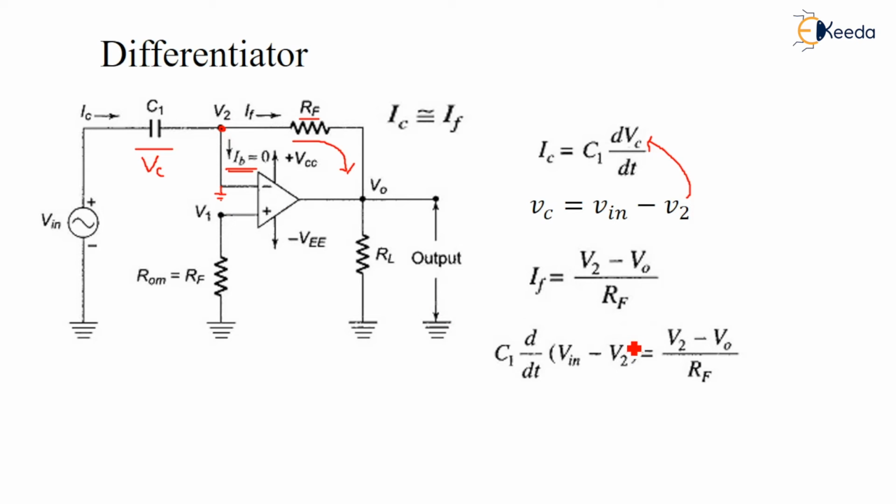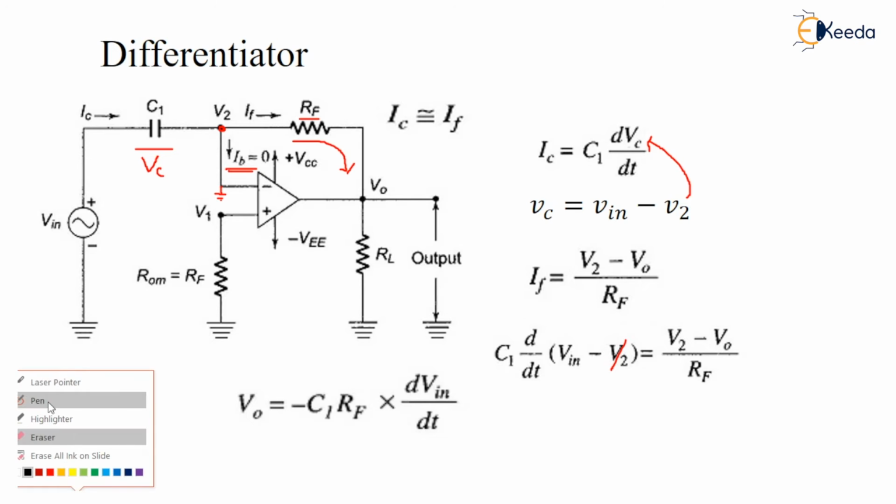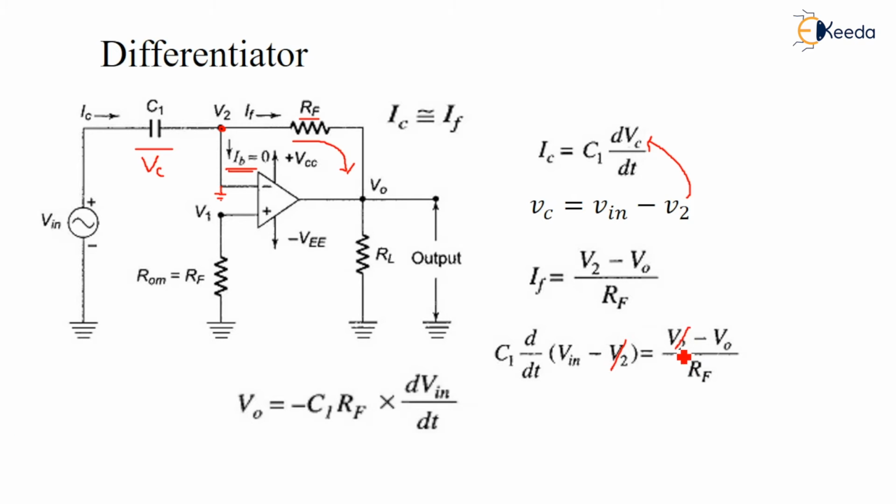So this V2 will get cancelled, and I'll get the equation Vout is equal to minus C1 RF into the derivative of the input voltage.